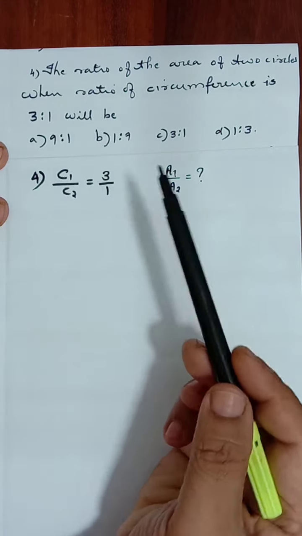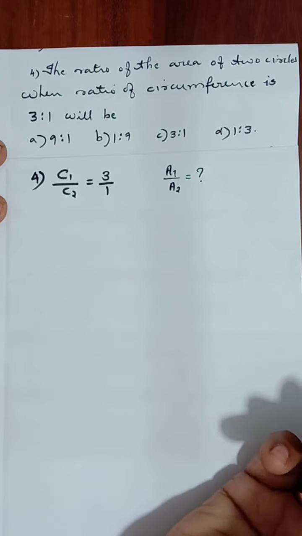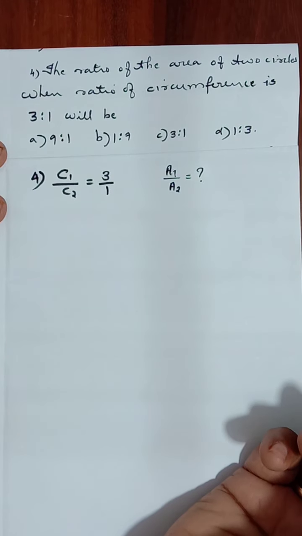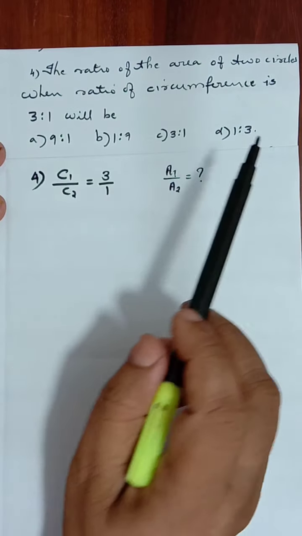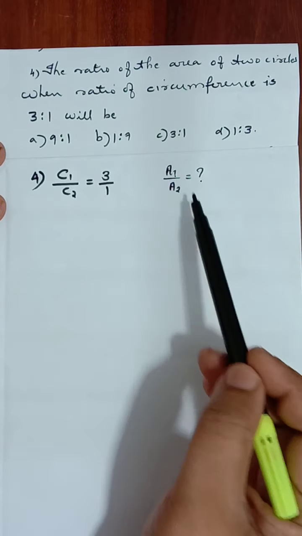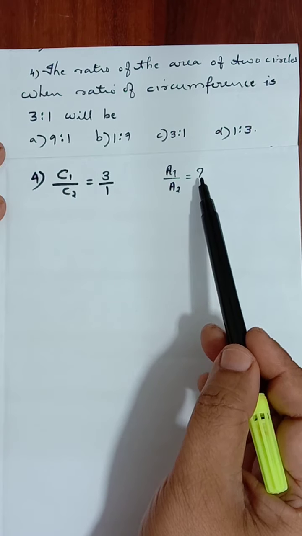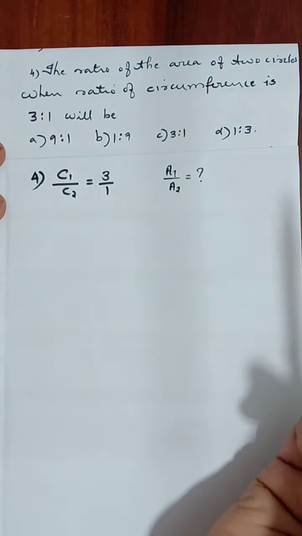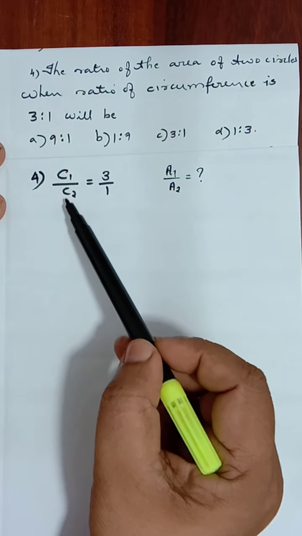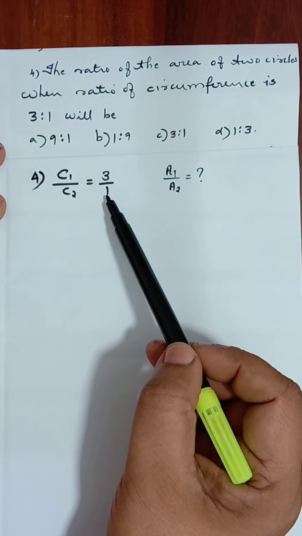It is not of the pan. It is some other different circles. Question is about different circles. So the ratio of areas of two circles we have to find out. A1 by A2 we have to find out. The ratio of the circumference of two circles is given. They are different. So the ratio of circumference C1 by C2 is given as 3 by 1.